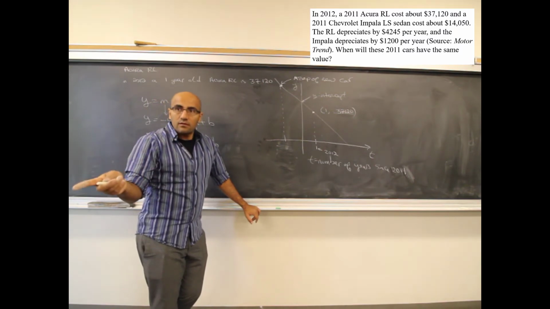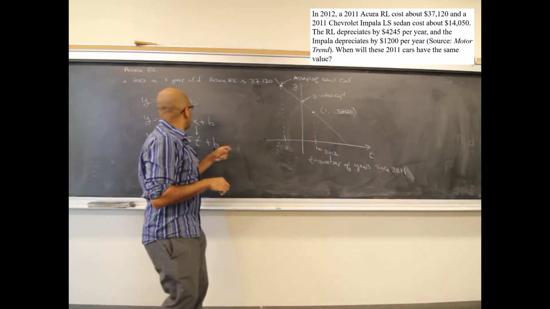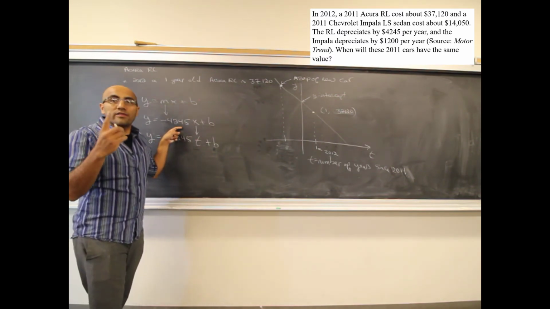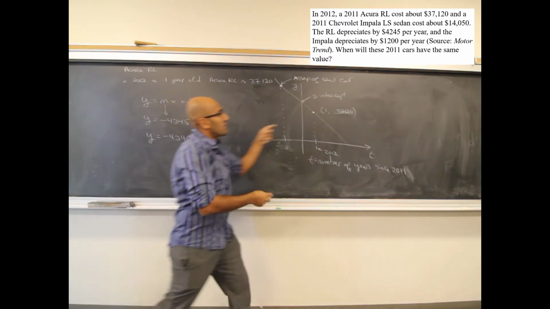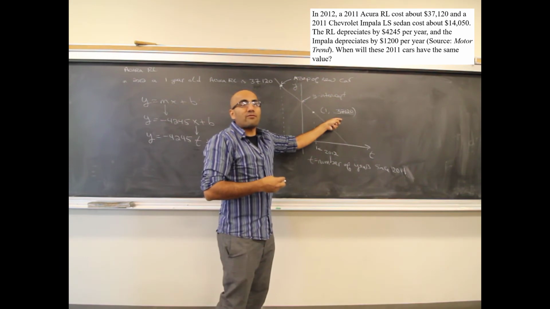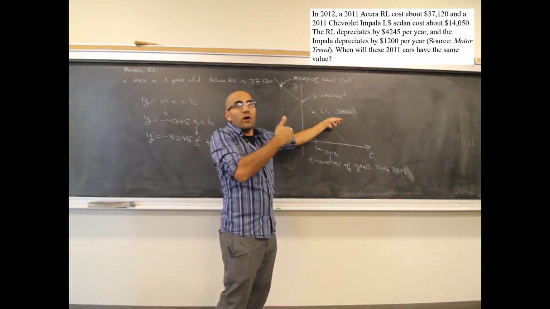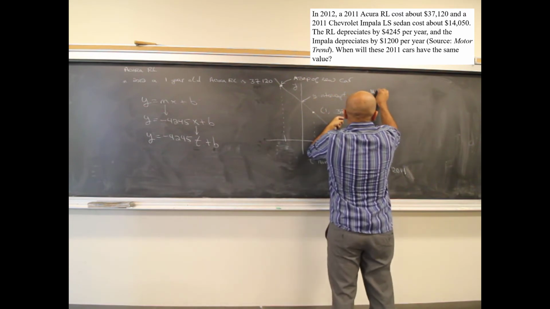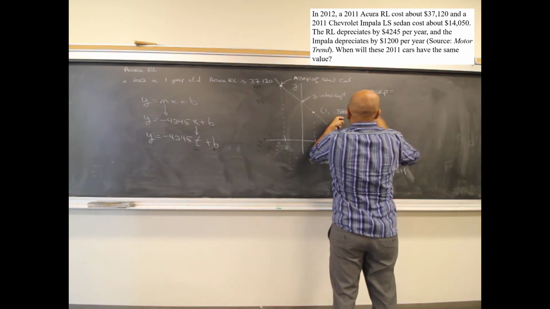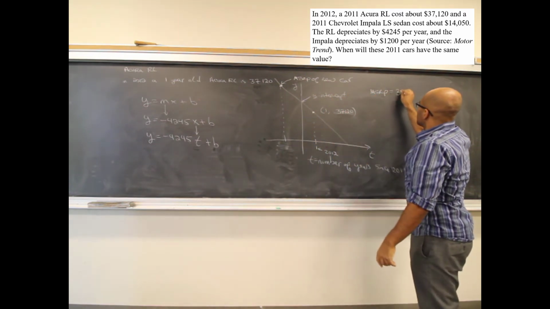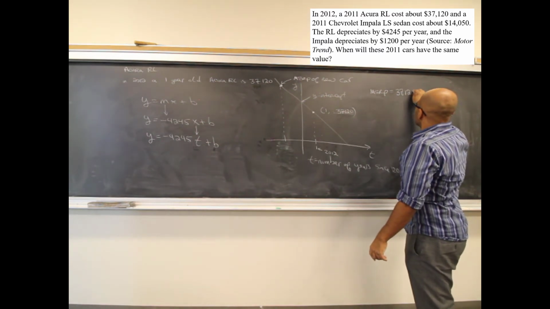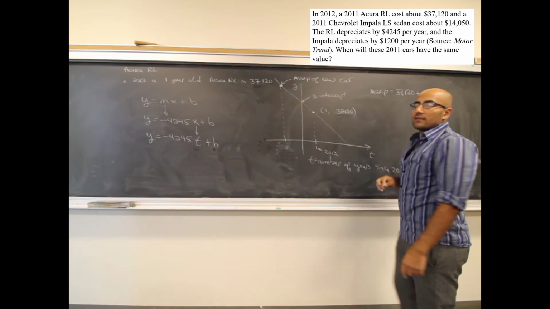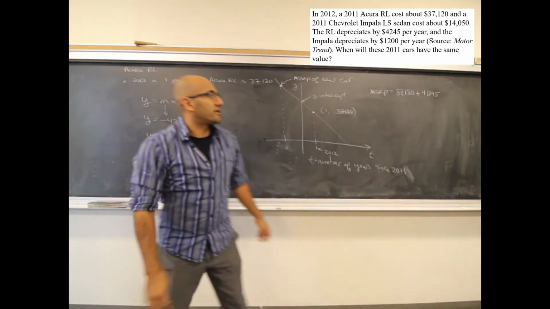4,000. Yeah, I know that I lose this amount of money every year, and I know this car is 1 year old, and after 1 year it's equal to this. So all I have to do is add the value I lost the first year. So the MSRP, the value of the car brand new, should be equal to 37,120 plus the 4,245 that it lost in value that first year.